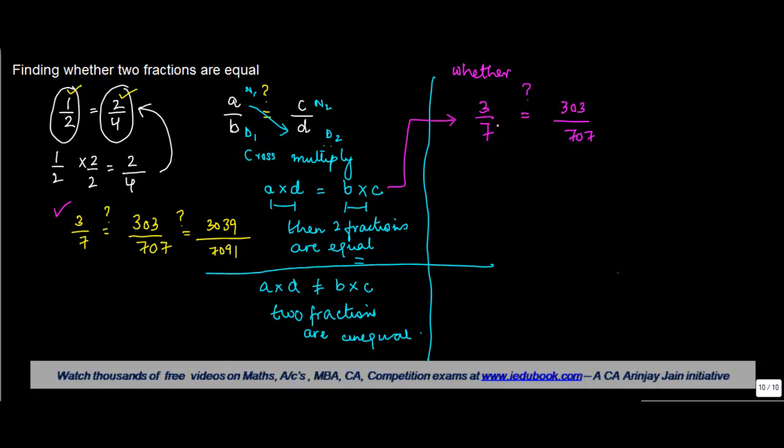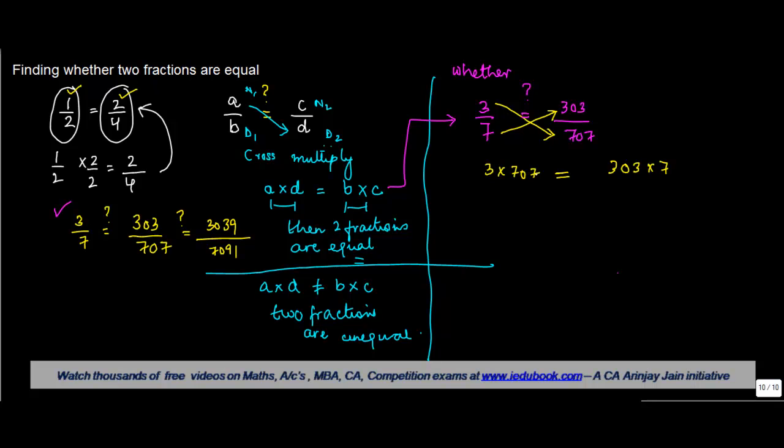So as I told you, in order to ascertain whether these two are equal, we do a cross multiplication. The numerator of the first is multiplied by the denominator of the second, and the denominator of the first is multiplied by the numerator of the second. Or we write 3 into 707, and 303 into 7, put an equal to sign between, right?